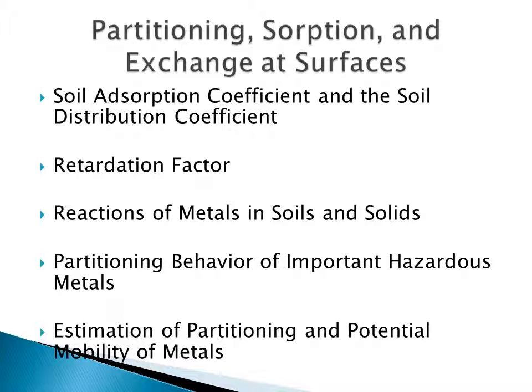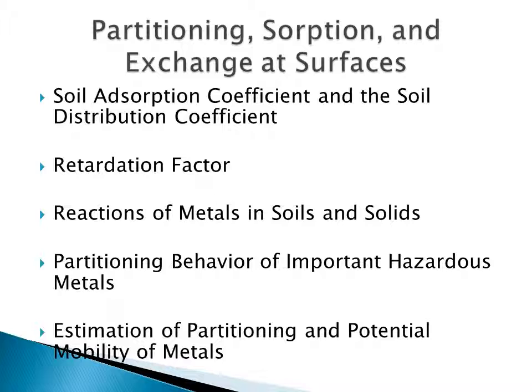When a hazardous compound is released into the environment, it will partition onto subsurface solids or soils as water moves through the system. The degree to which the contaminant is distributed between the sorbed phase and the aqueous phase is described by the appropriate sorption isotherm for the compound and its concentration in the system.